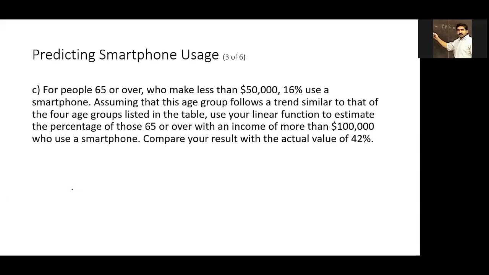And for part C, for people 65 years or older who make less than $50,000, 16% use a smartphone.